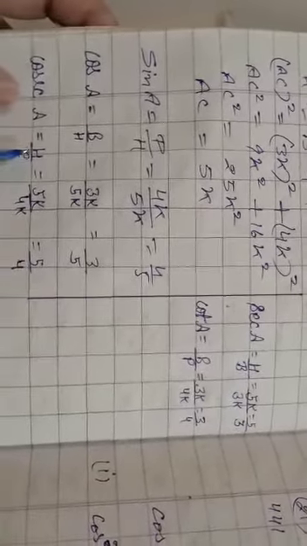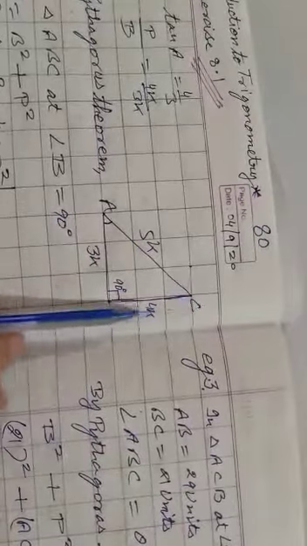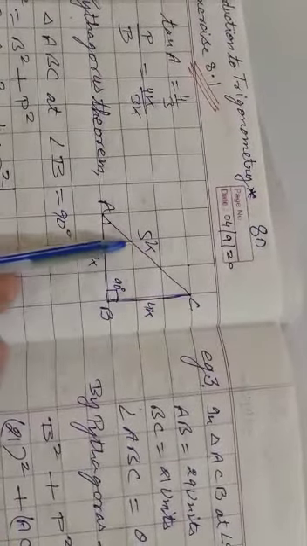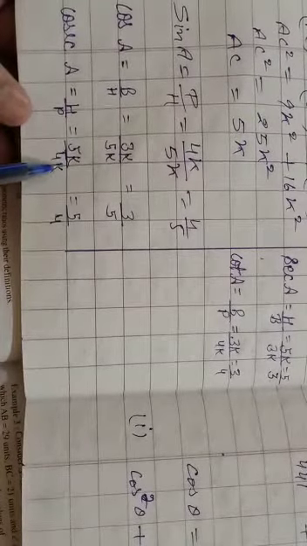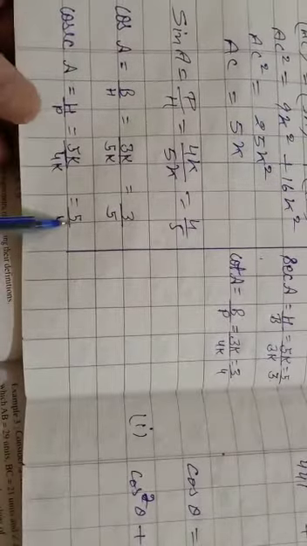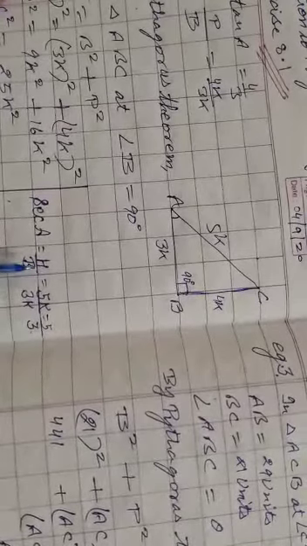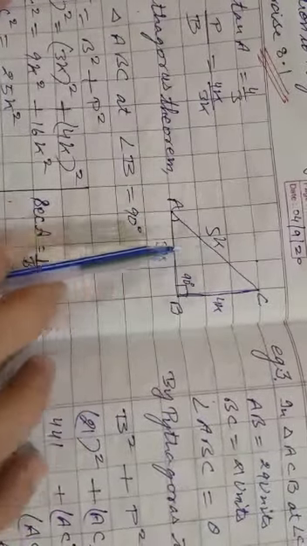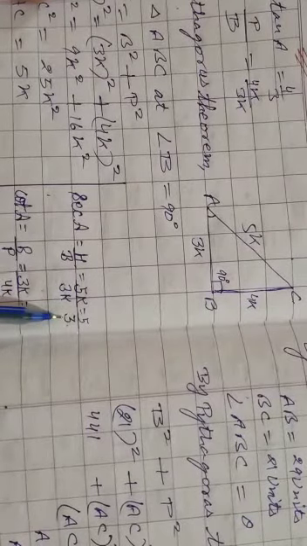Now cosec A, hypotenuse upon perpendicular, 5k upon 4k, k cancel out, 5 upon 4. This is your required answer. Now sec A, hypotenuse upon base, 5k upon 3k, k cancel out, we get 5 upon 3.